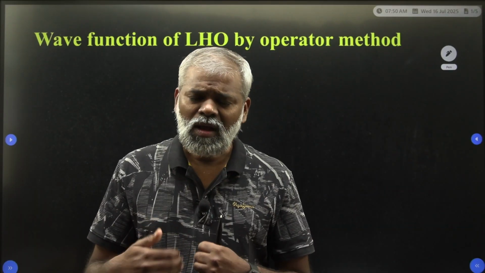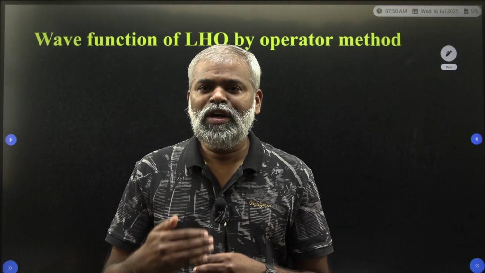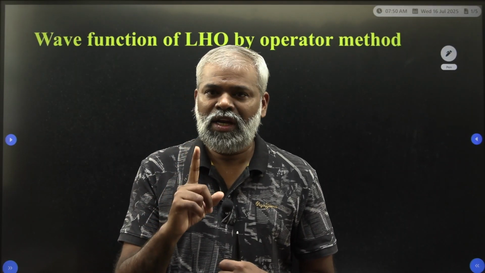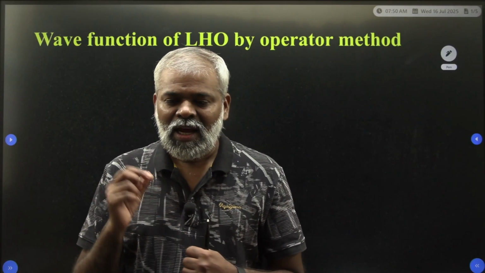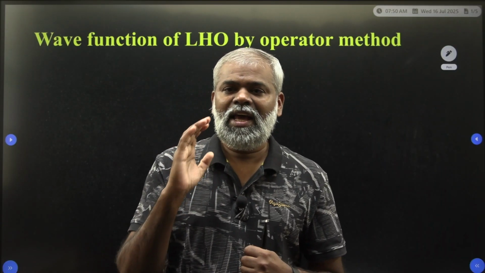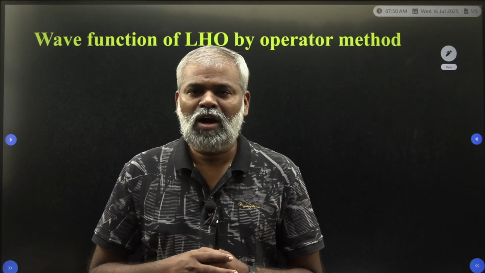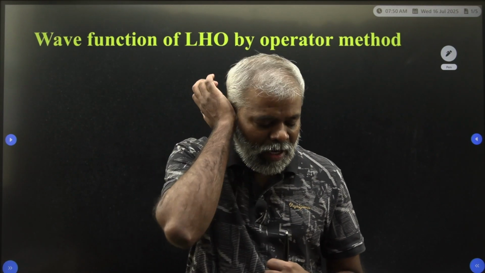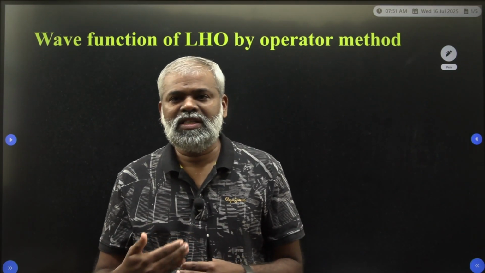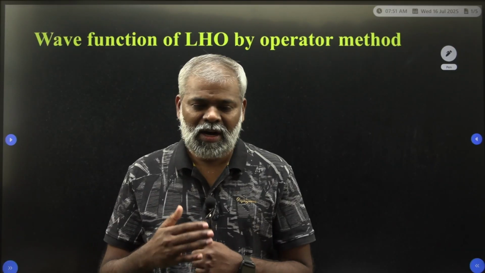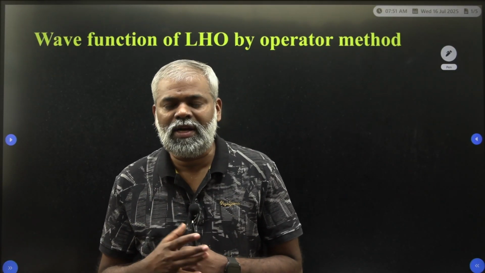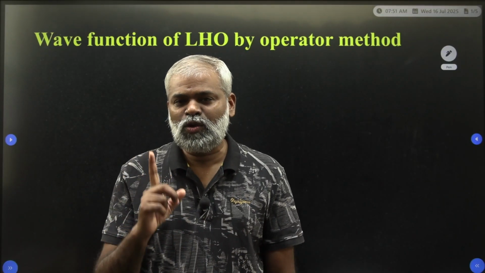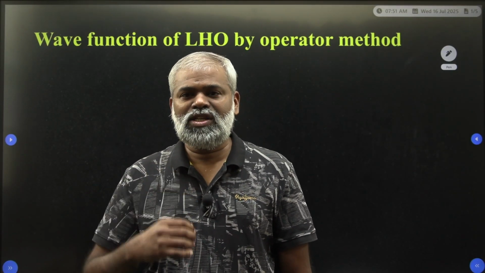Clear? Now today we are going to derive the formula for the wave function of the linear harmonic oscillator, and similarly the energy value of the linear harmonic oscillator, by the operator method. Already we know the rising operator and the lowering operator. The rising operator we also call the creation operator, and the lowering operator we also call the annihilation operator.